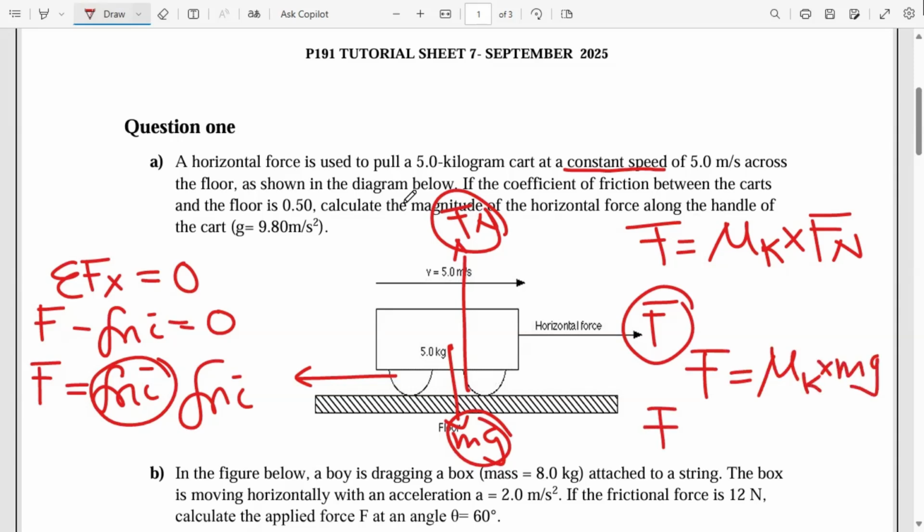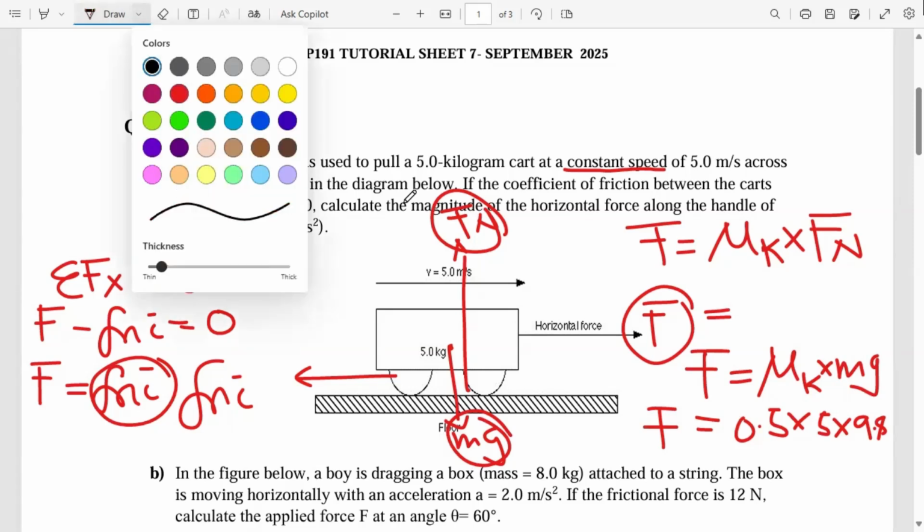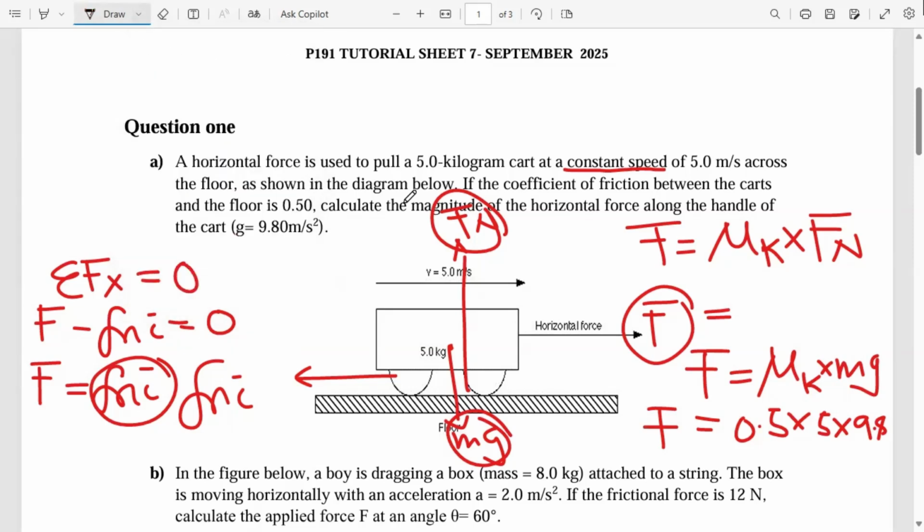And that, ladies and gentlemen, will give us F equal to mu, which is 0.5, multiplied by the mass, which is 5, multiplied by gravity, which is 9.8. Let me just plug this into my calculator.